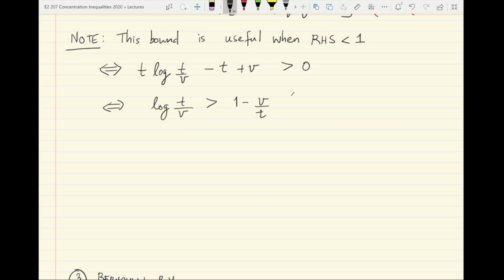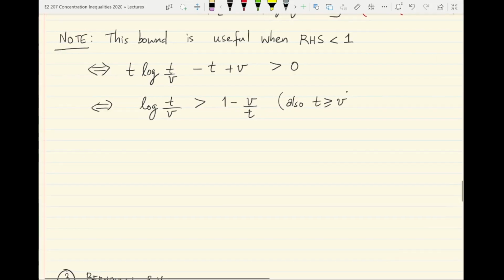Note that we've also assumed that t is larger than or equal to v, which is the same as saying that t over v is at least 1.